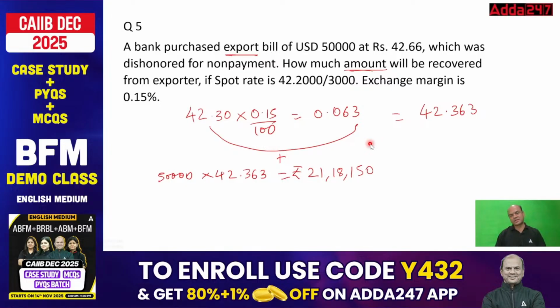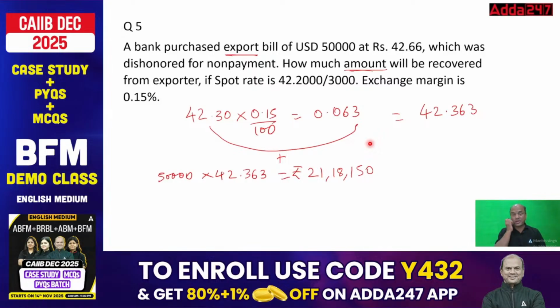Same margin, same margin. Margin is to be kept the same only. How much money was given to the client? Let me see how many of you are able to do this. 2133. Yeah, extra amount you have given. Correct.